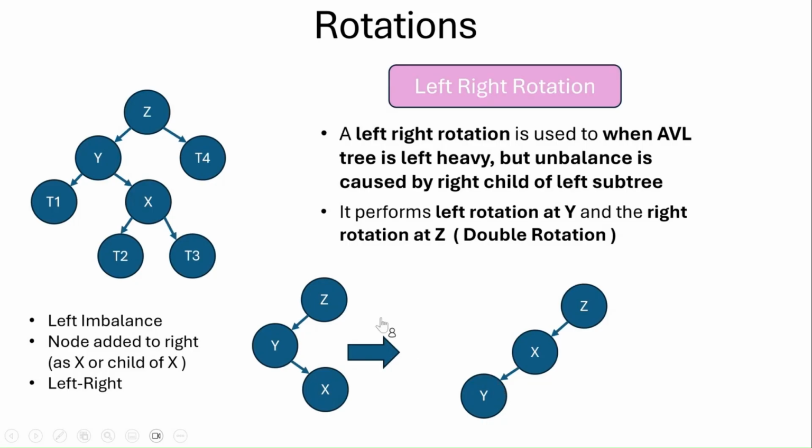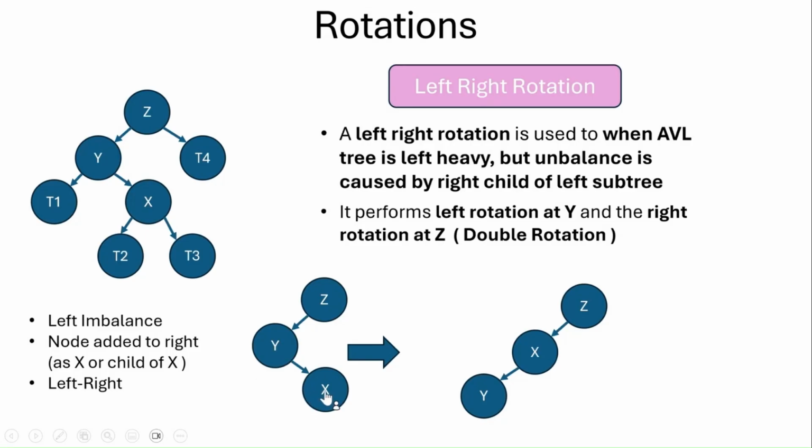So that's why the first rotation is to break this zigzag. And the next rotation is basically balancing the tree, because we already saw for this structure how the single rotation makes the tree balanced. Now, if you observe carefully, shifting X to Y and making Y on the left side, it is kind of a left rotation, right? Left rotation at Y, right?